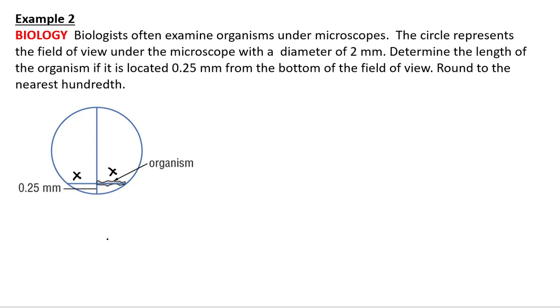So this is also x. I have one piece, x times x, is going to equal one piece, 0.25, times the whole thing, 2 millimeters. So that leaves just this part to be 1.75. We subtracted.